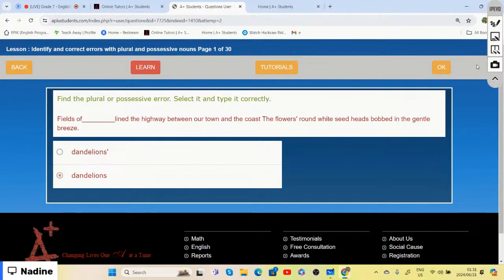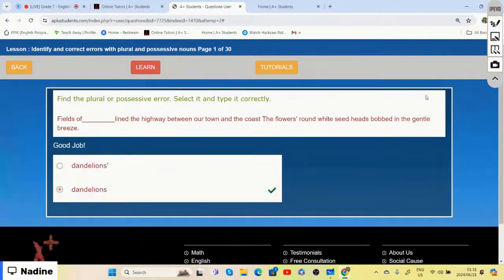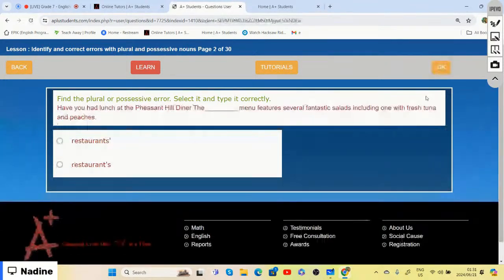Fields of dandelions lined the highway between our town and the coast. The flowers' round, white seed heads bobbed in a gentle breeze. So we go with the second option, which is a plural. It just shows that there's more than one of those.